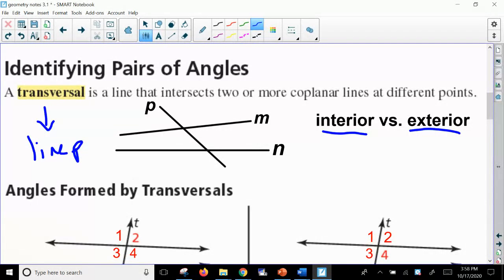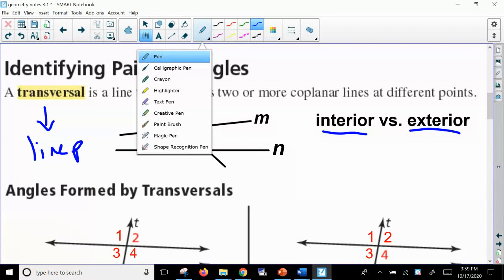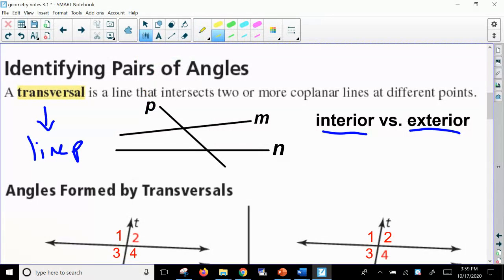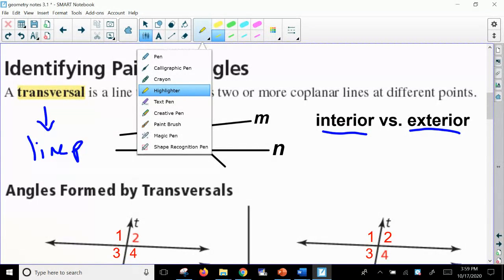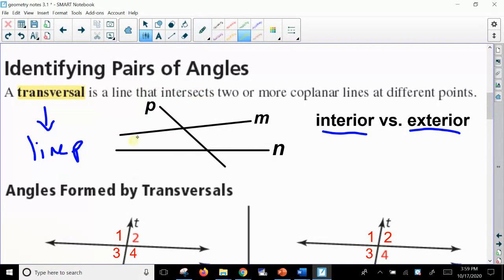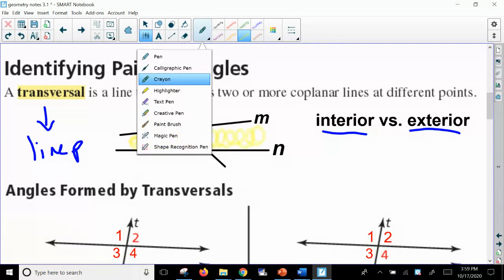Interior versus exterior. I did not put that in your slides, but you ought to add them because this is important. When we're talking about interior angles, we're talking about angles that are between the two parallel lines, like in this area. So this area right here is the interior.